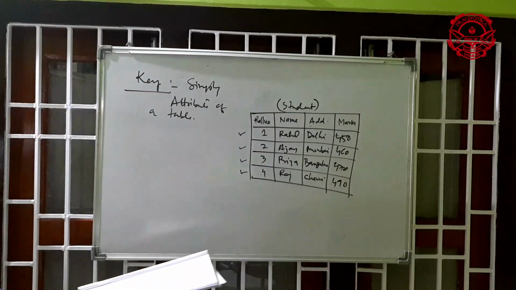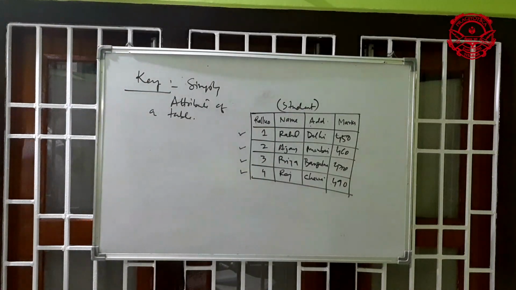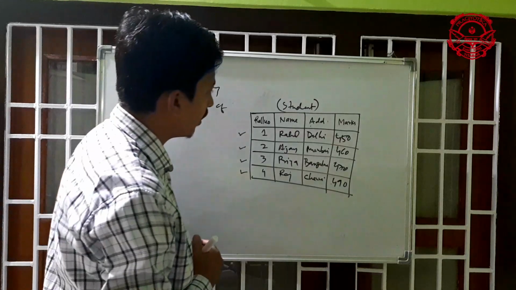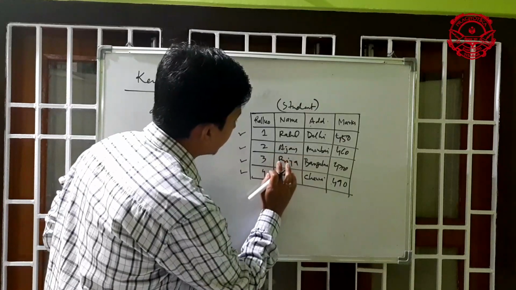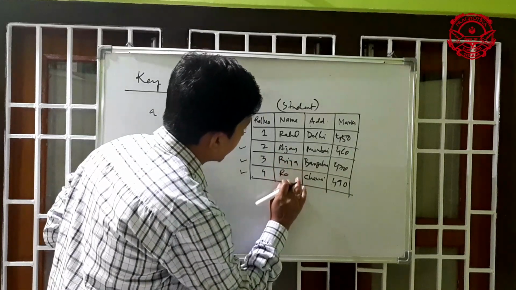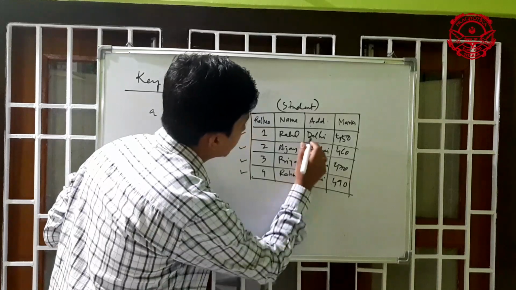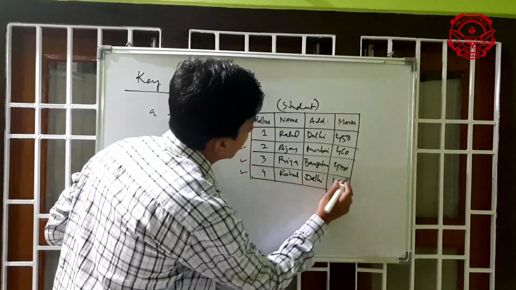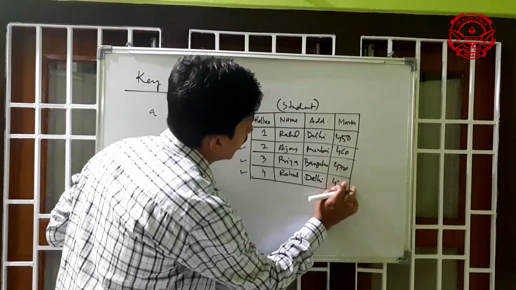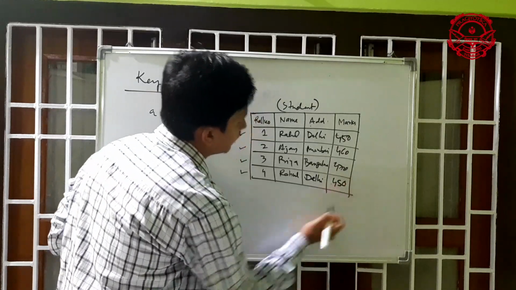For example, if any two rows have the same attributes. I am changing these things again. Here it is not Raj, it is Rahul. Same Delhi. He is again from Delhi, and his marks are again 450.